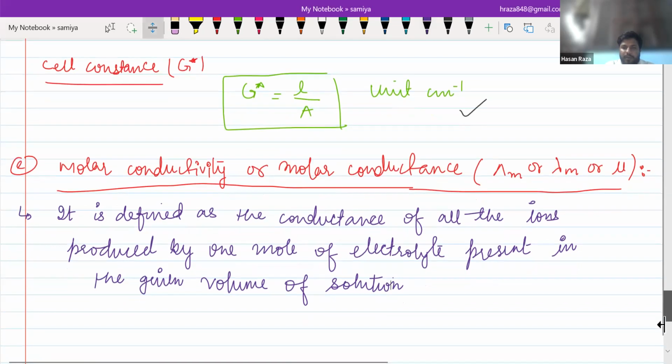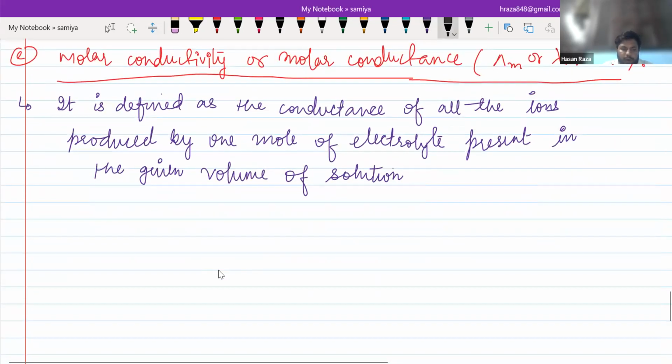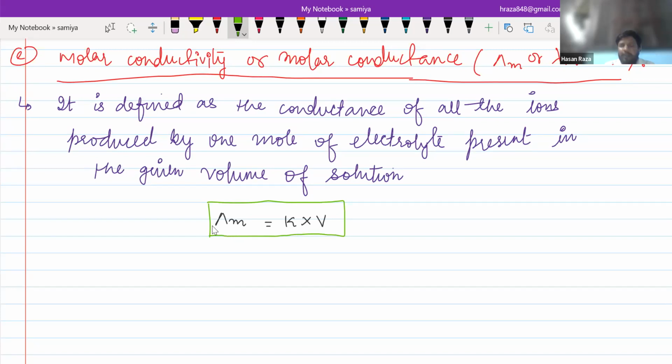Now see, we are going to form a formula. Molar conductivity will be equal to specific conductance into volume. If you increase the volume, conductance increases.